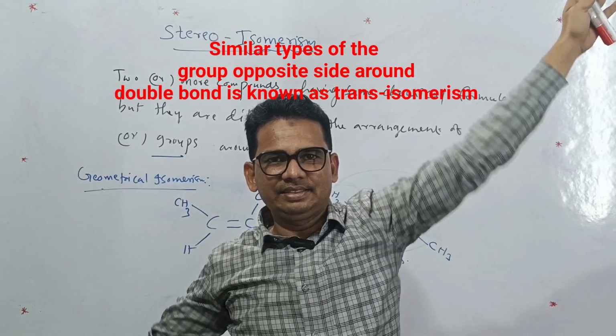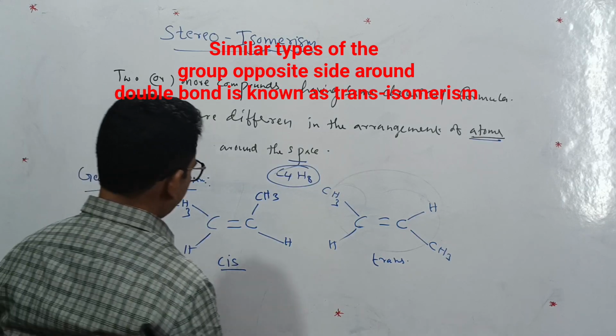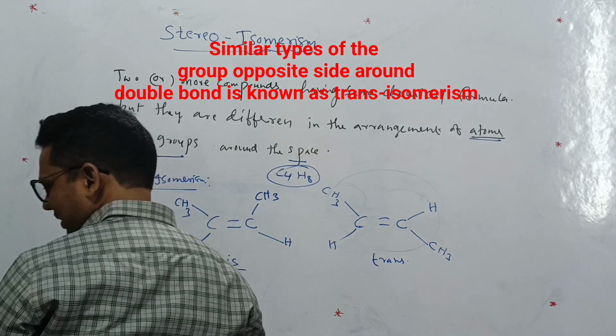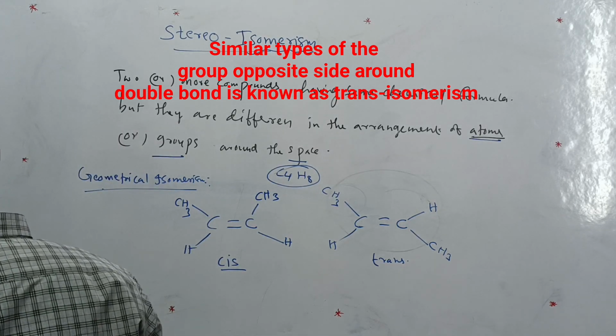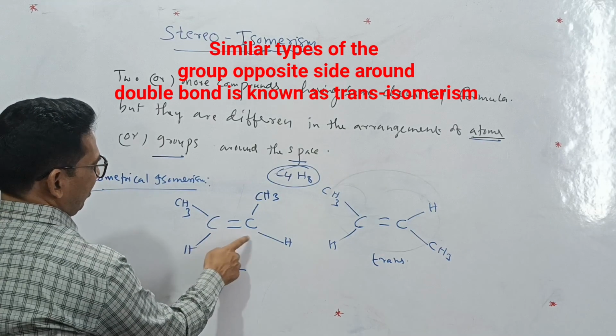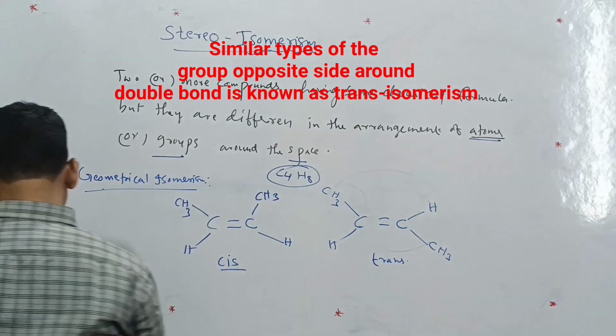Cis, trans. Okay, this is the geometrical isomerism. Now, geometrical isomers are not only cis and trans. This is the butene. Don't forget the name of this compound. It is 2-butene.